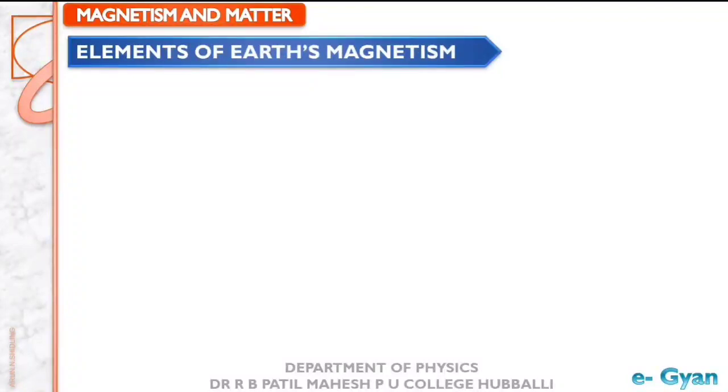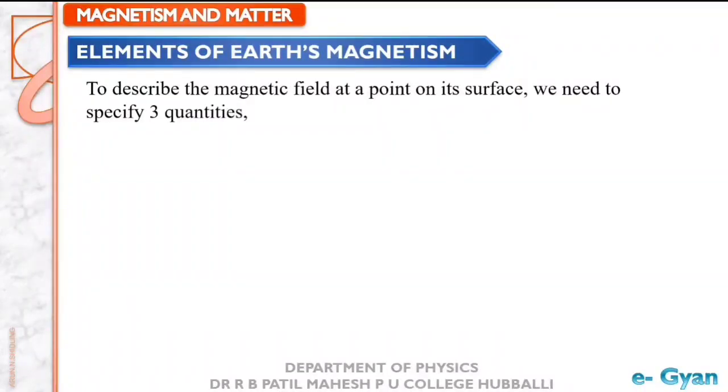Next, let us study the elements of Earth's magnetic field. To describe Earth's magnetic field at a point on the surface of Earth, we need to specify three quantities.